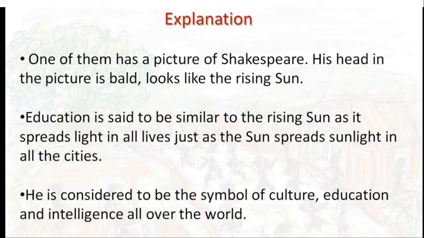This expression is used ironically here because in an elementary classroom in a slum where hardly any teaching takes place, where the value of education is minimal, a picture of a great literary figure like Shakespeare has no meaning. It will only raise false hopes among the children.